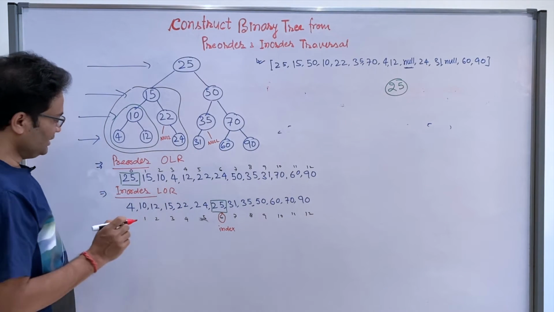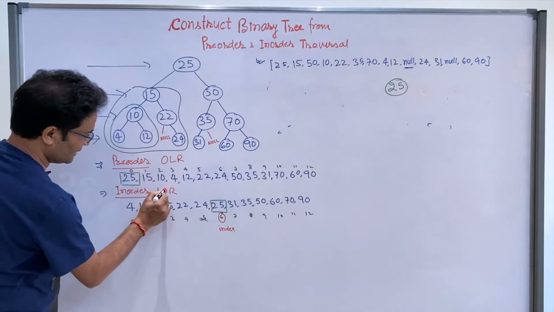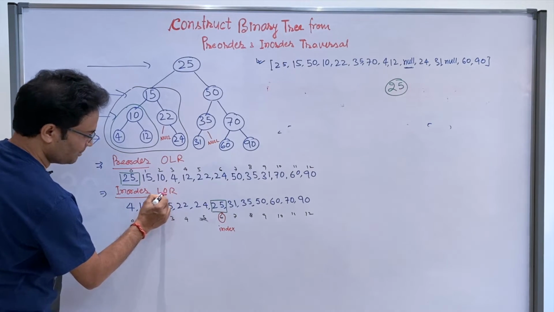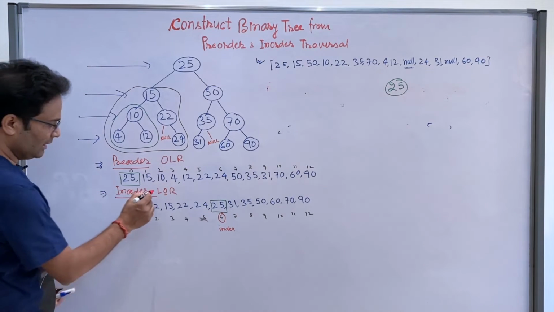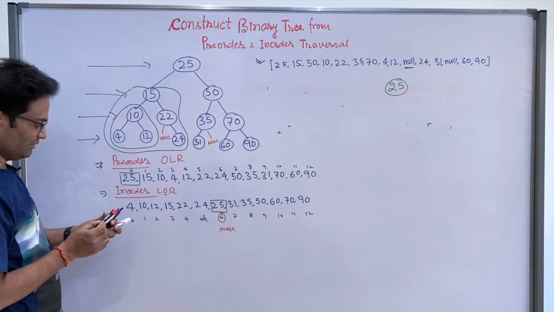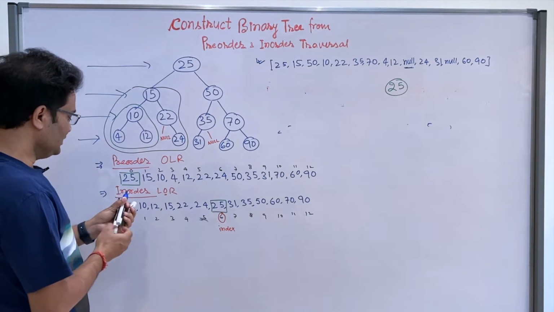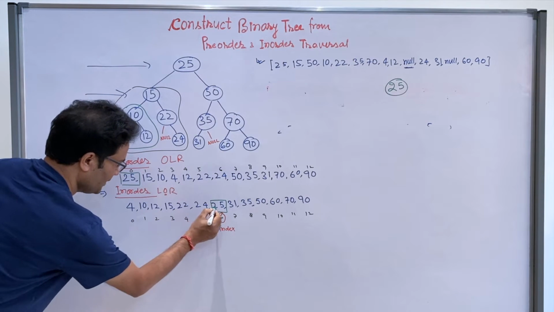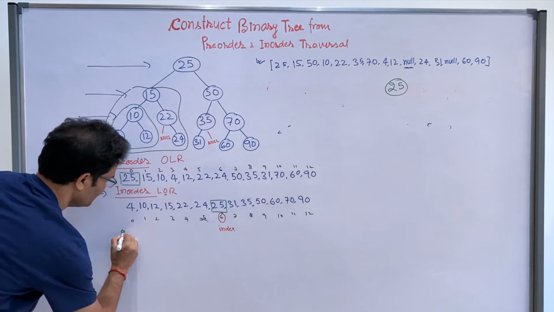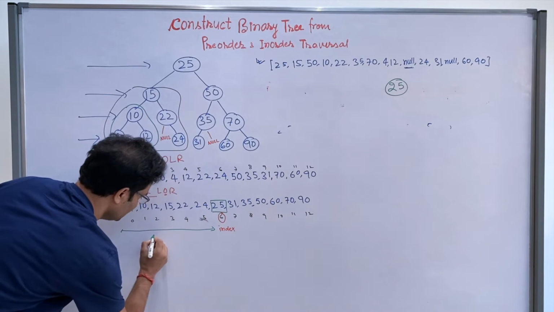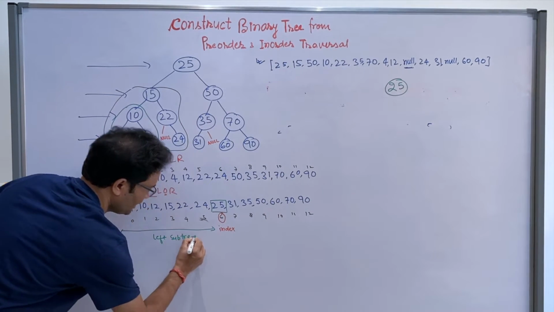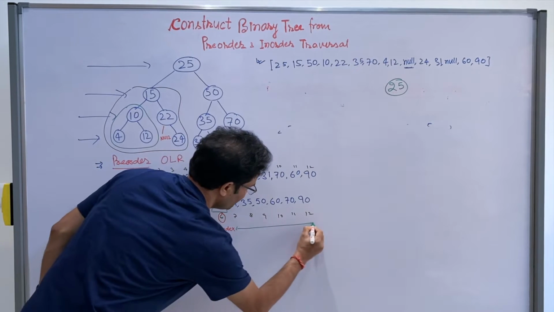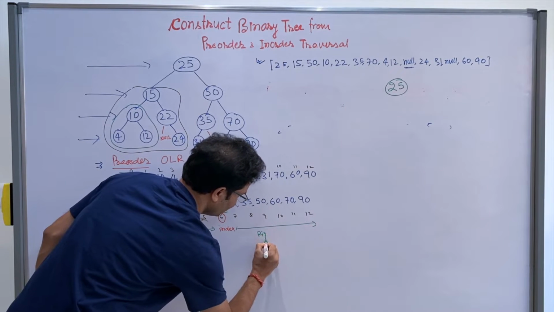Now you can see what in-order is saying. If this is the parent, then before the parent is the left subtree and after the parent is the right subtree, right? So I can say that this complete part before 25, from here to here, is your left subtree, and from here to here is your right subtree.